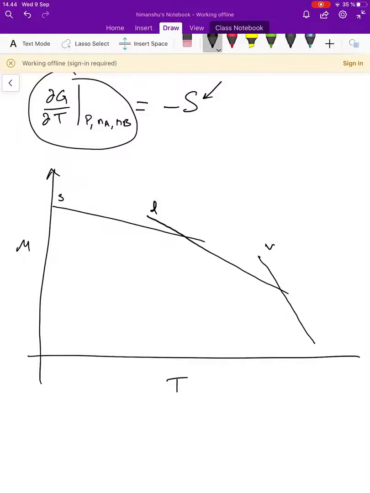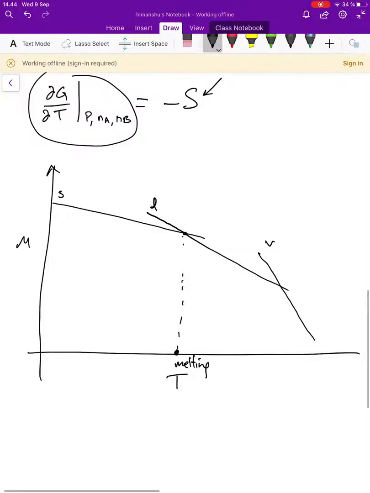The point at which the solid line intersects with the liquid line, the chemical potential of the solid is the same as the chemical potential of the liquid, and this will be the melting temperature, or the freezing temperature if you're coming from the other side. Let's call this point A. Similarly, this point will be the boiling temperature.